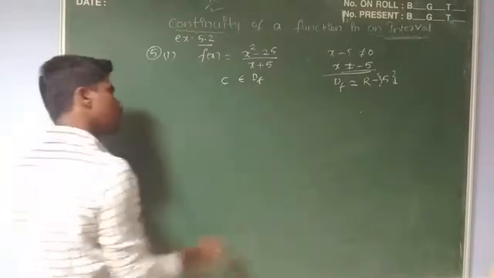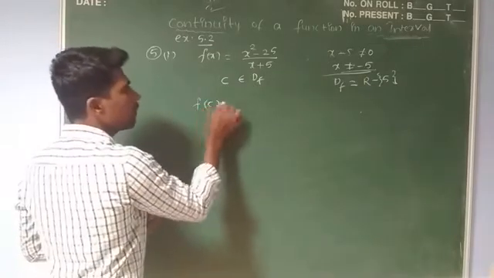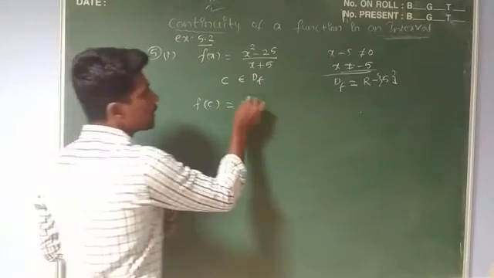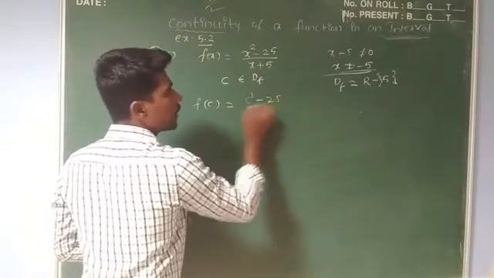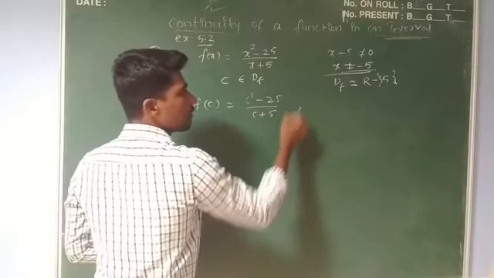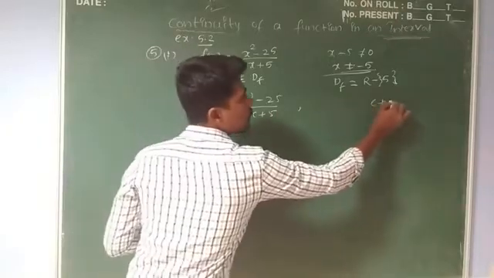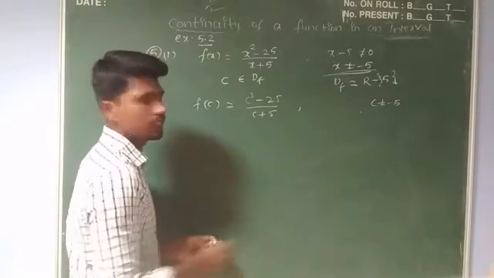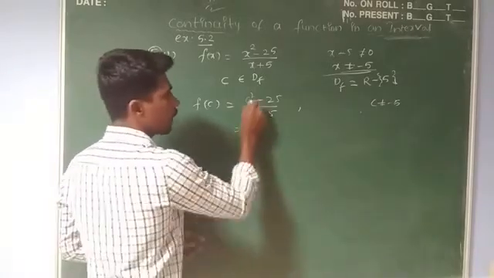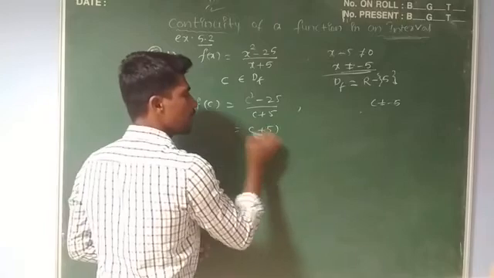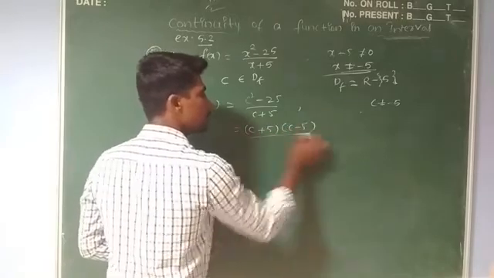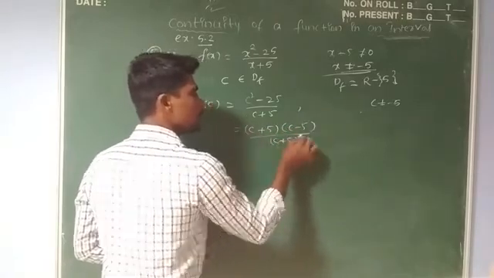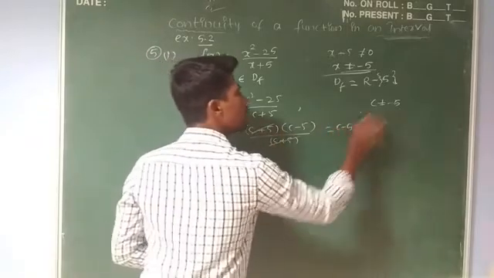Now what is f(c)? f(c) is equal to (c square minus 25) by (c plus 5), where c not equal to minus 5. So we are defining this for c not equal to minus 5. Now what I get? (c plus 5) into (c minus 5) by (c plus 5). So I get c minus 5.